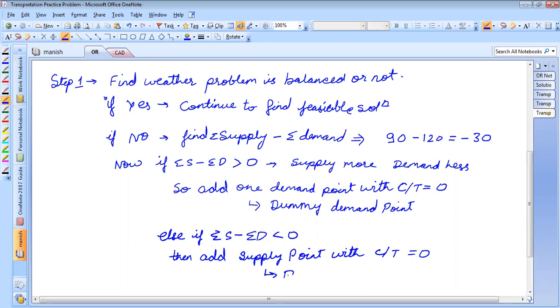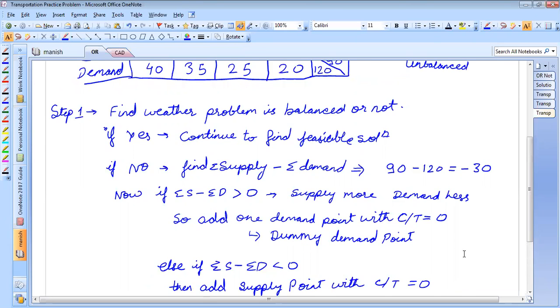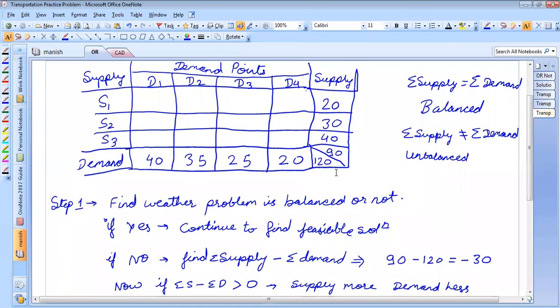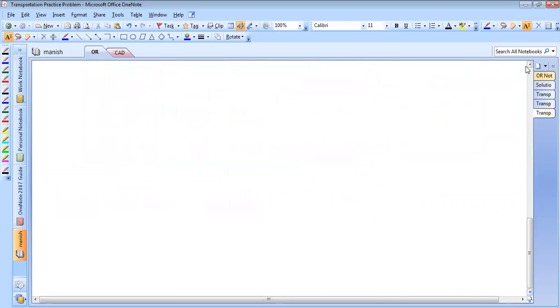This is called dummy supply point. Okay, any doubts in this? So what we will do here, we will add one more supply point. So let me just draw it again.